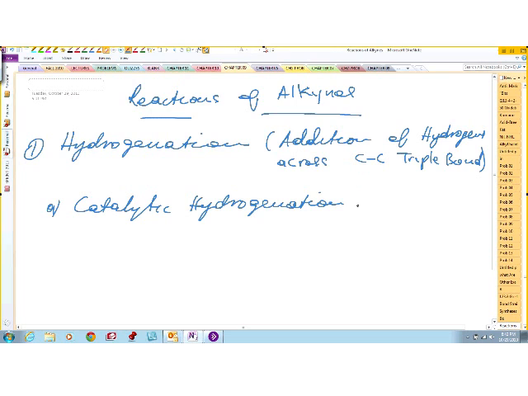Catalytic hydrogenation using a metal catalyst, such as palladium, platinum.